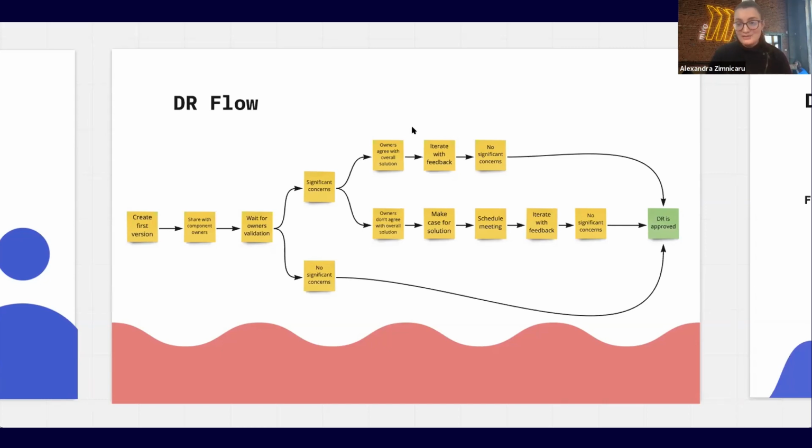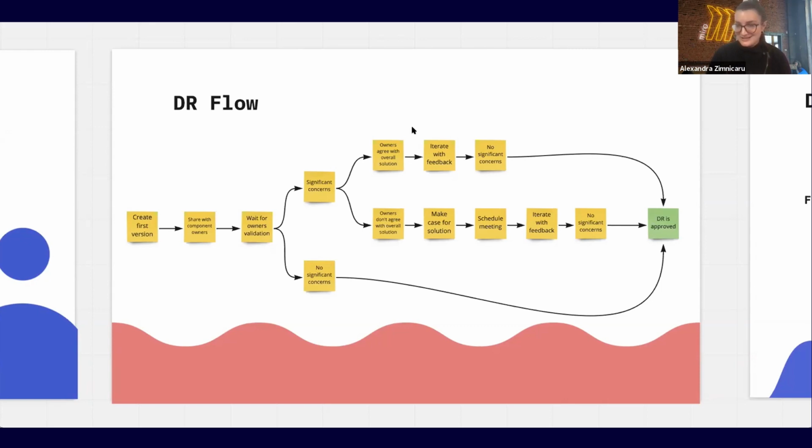And the second case is when the reviewers don't agree with the overall solution. And what usually happens here is that the DR creators need to make a case for their solution. Usually it's good practice to also schedule a meeting so that everyone can discuss things over and get on the same page. And once the solution is accepted, we continue with the iteration until the DR is approved.